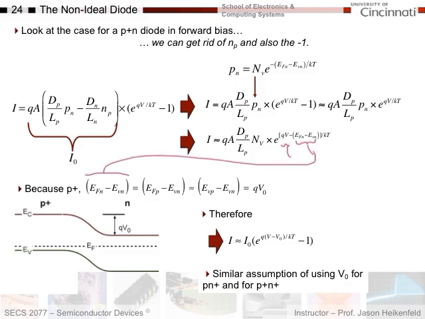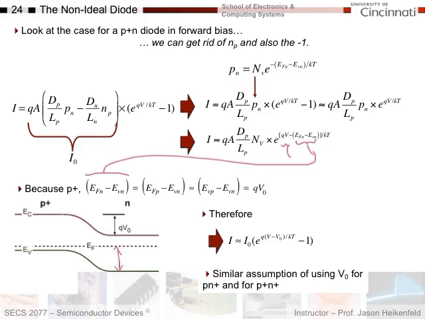So this term is E Fermi in the n minus E valence in the n. So the energy of the Fermi level in the n minus the energy level of the valence level in the n. So it's basically saying this distance here.